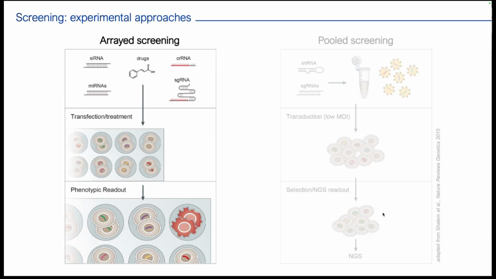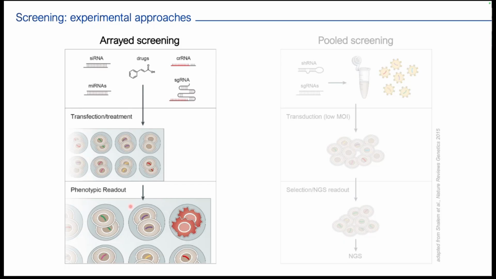So in the arrayed screening, what we do is that we have libraries of different reagents, so libraries of chemical compounds or some other molecules that will perturb function of the cells. These are separated in different wells, and so each population of cells in each well will receive a different treatment.